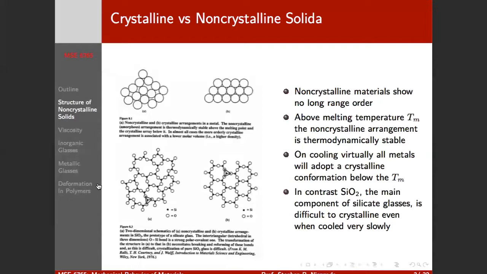Each of these tetrahedrons are currently very happy here. It takes a long time for them to adopt a perfectly regular crystalline structure because it involves making and reforming a whole lot of covalent bonds. So even though it's energetically favorable for them to be here, it kinetically is very difficult.